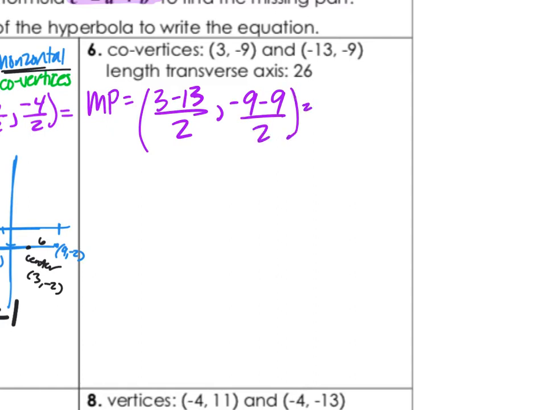And that simplifies to negative 10 over 2 and negative 18 over 2, which then simplifies to negative 5, negative 9. So that's the center.